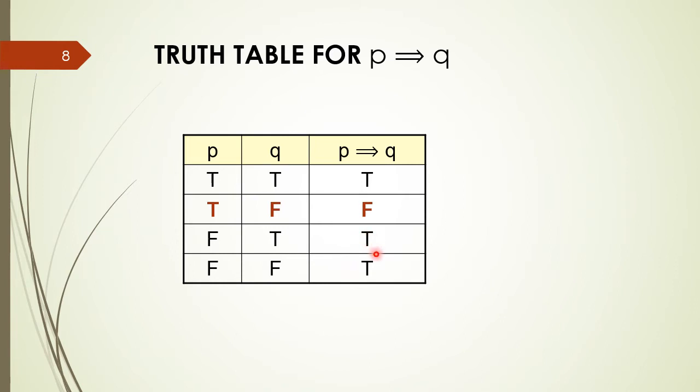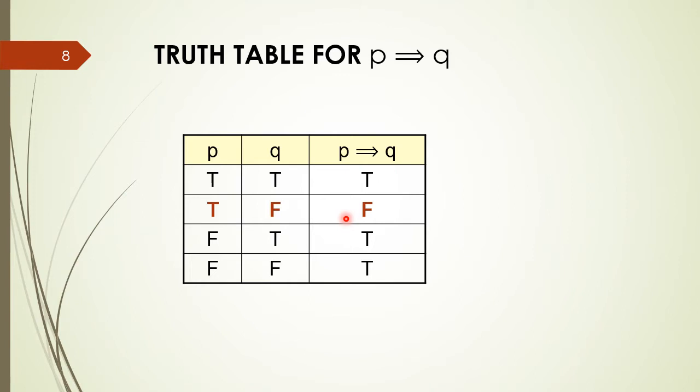So it is important to note here that the conditional statement is only false when the truth value of the antecedent part is true and its consequent part's truth value is false. Then the overall truth value for the conditional statement would be false. We have mentioned that we can consider the conditional statement as a promise.